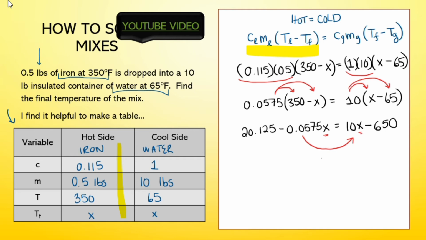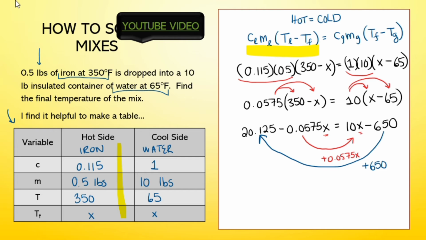That is just how it works. And at the same time, I'm going to do this in blue, I'm going to take the negative 650 and move it over to the left side, where it will become positive. So if you cross the equal sign, moving things that are added and subtracted, you must change the sign. It doesn't matter if you had moved x's to the left and numbers to the right. I just usually move things where they're positive because that's what I like.